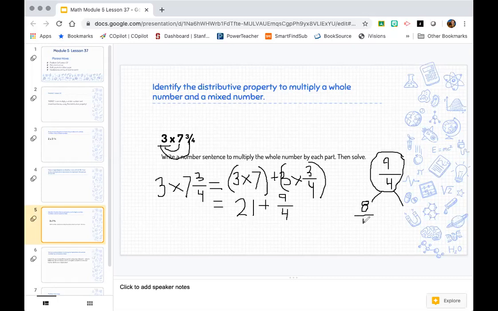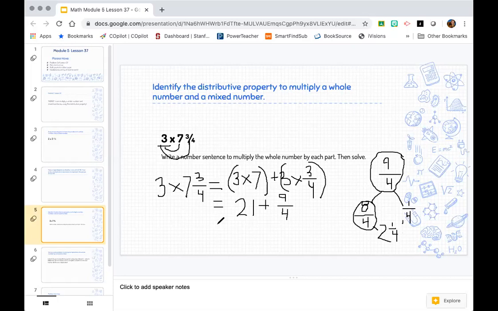So we write 8/4 here, which leaves me with 1/4 still. And when I recompose this into a mixed number, 8/4 we know is the same as 2 wholes. And we just bring down the 1/4.